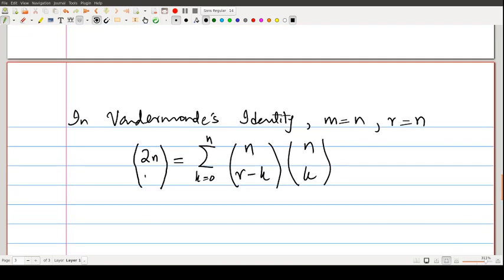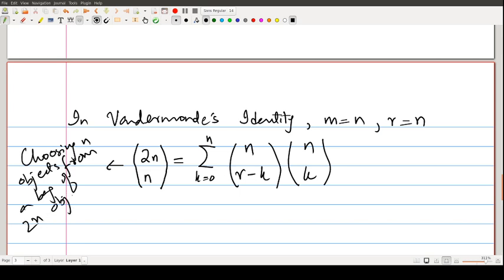So this is basically choosing n objects from a bag of 2n objects, right? And on the right hand side you have n choose n minus k and n choose k.